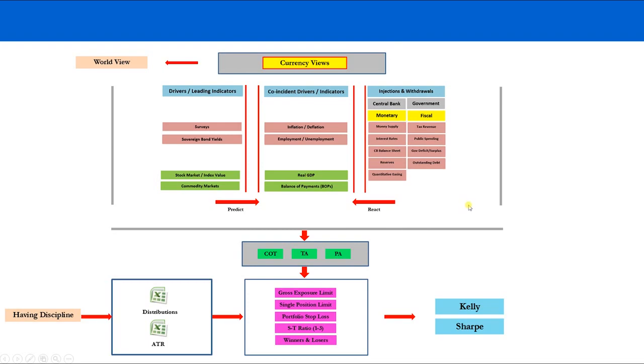And in currencies, within idea generation, we have three main areas. We have our drivers that are leading indicators that lead the economy and predict. We have our coincident indicators that lag our driving indicators, and they sit in the middle.